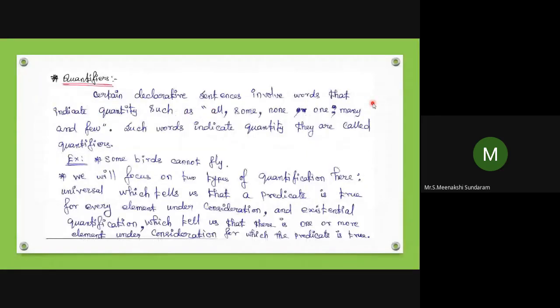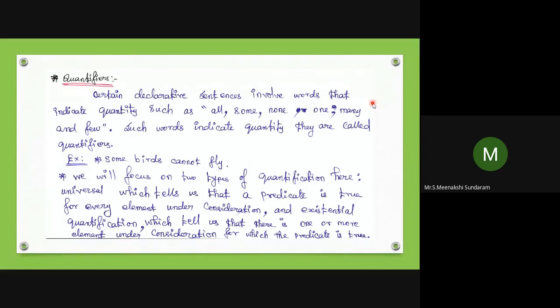Next we come back to quantifiers. Certain declarative sentences involve words that indicate quantity, such as all, some, none, one, many, few, every, etc. Such words that indicate quantity are called quantifiers. So in this class all are present.